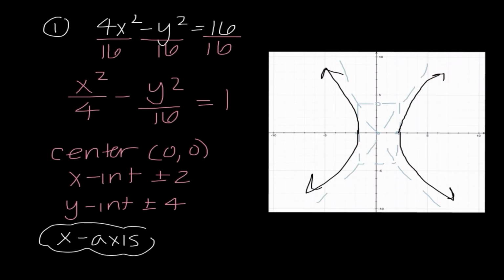Okay? So, once again, we're finding our center and our intercepts the same way we did in an ellipse. Instead of drawing an oval, we drew this box. And once again, the reason why this box is dashed is because these are not actually solutions. The only solutions are on our solid portion of our hyperbola.